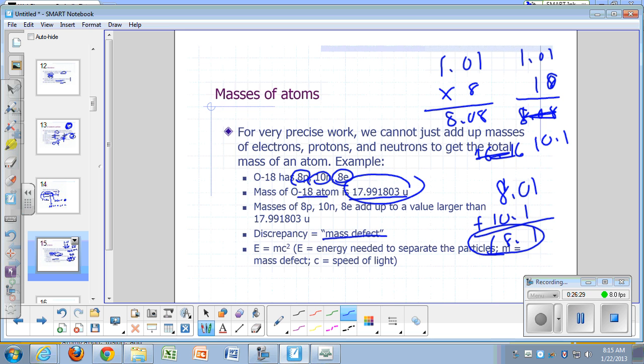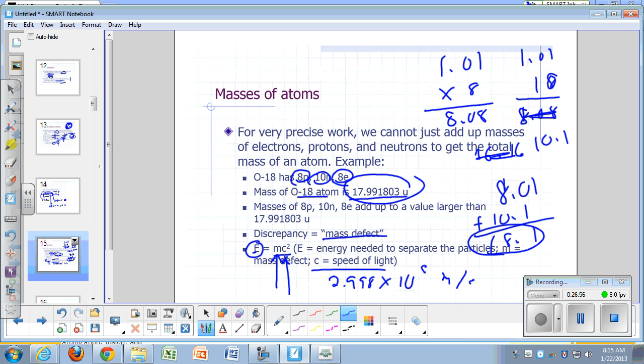So you have to put that energy back in to separate the particles. The energy you need to split the nucleus into its components is given by the equation E equals mc squared. m is the mass defect, and c is the speed of light, which is 2.998 times 10 to the 8 meters per second.